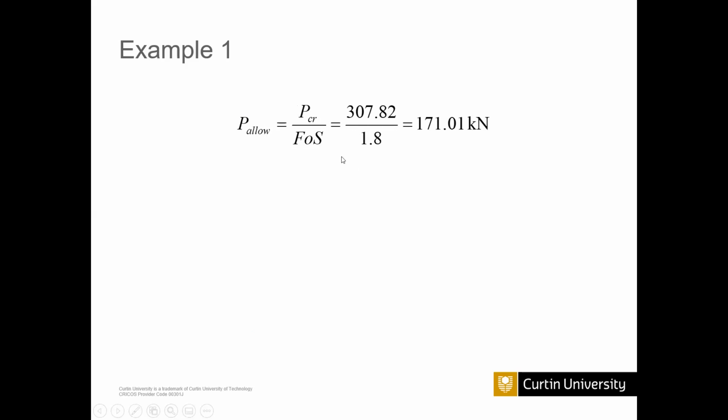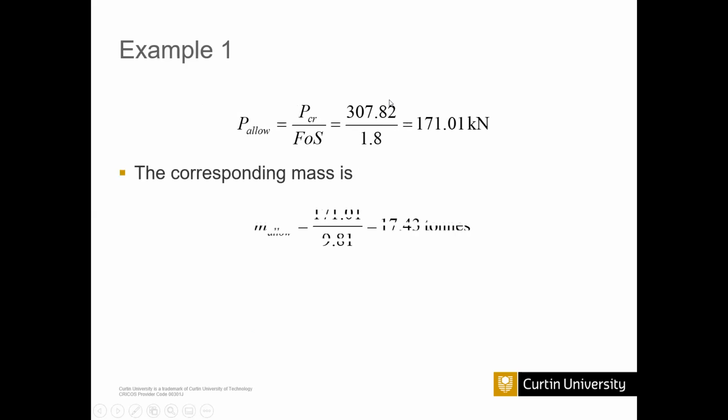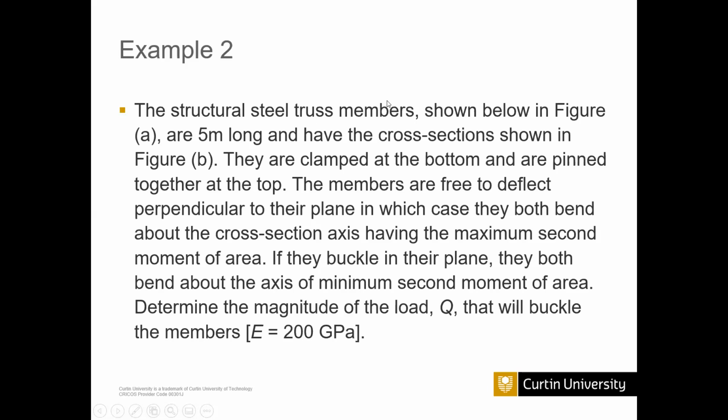Factor of safety 1.8, and we already found the critical load, so this is the allowable load. The corresponding mass is, now this is in Newton, so you can convert to kilograms or tons, whatever. Then this is the value.